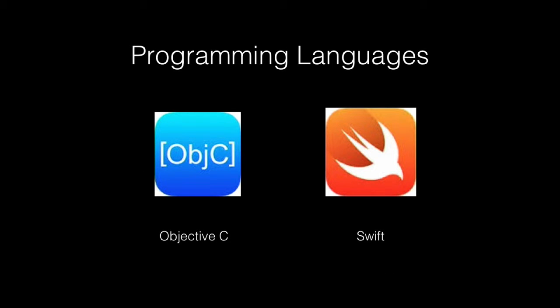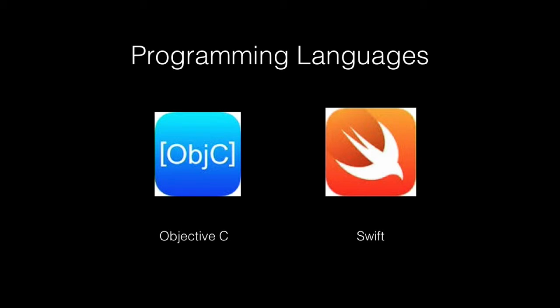Once you've got the tools, you now need to learn a programming language. In the past, you had to learn a language called Objective-C, which was a bit difficult to learn, especially if you're a new programmer. And last year, Apple released a new programming language called Swift that supersedes Objective-C, and it's much easier to learn.